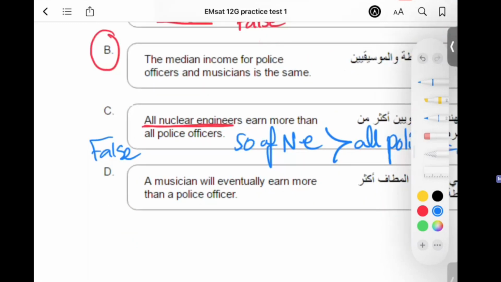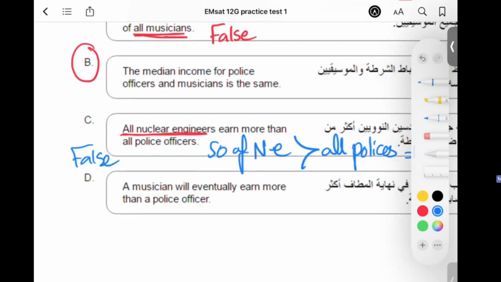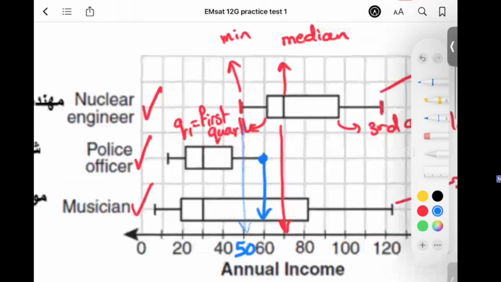Now, all musicians will eventually earn more than a police officer. Eventually means at the end. This is not correct because if you go to the graph of the police officer and the musician, again, it is true that musicians are earning a maximum of 120.